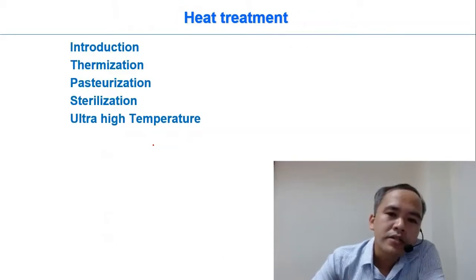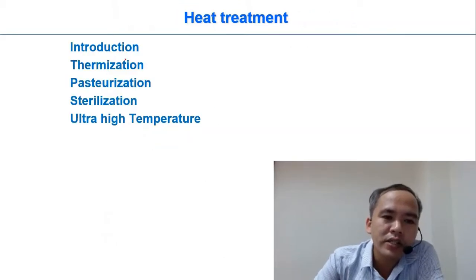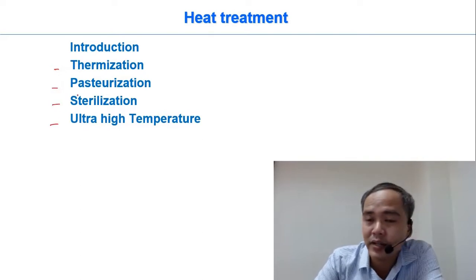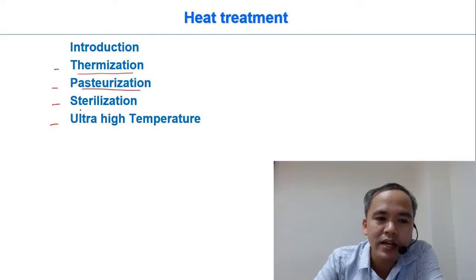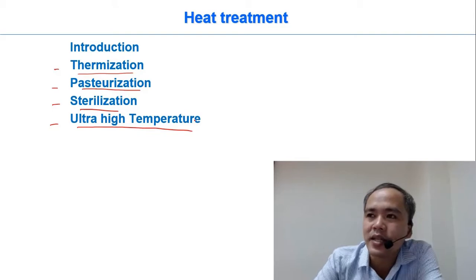Okay. So we have a short introduction before we go into discussing the 4 heat treatments which are applied in the dairy industry: thermization, pasteurization, sterilization, and UHT, ultra high temperature treatment. Thermization, I think we saw this concept not long ago, where it is applied and why it is applied.